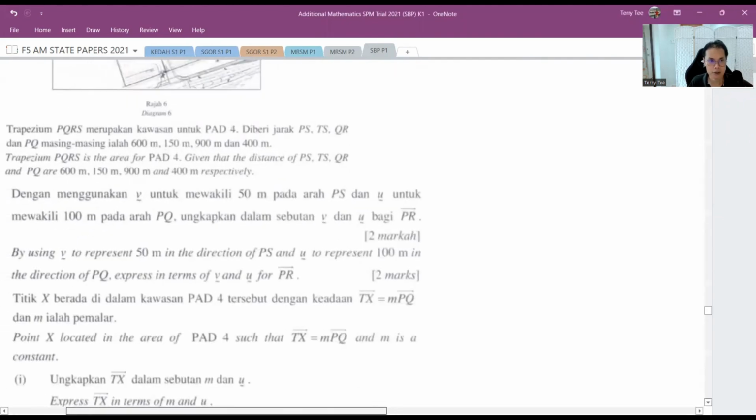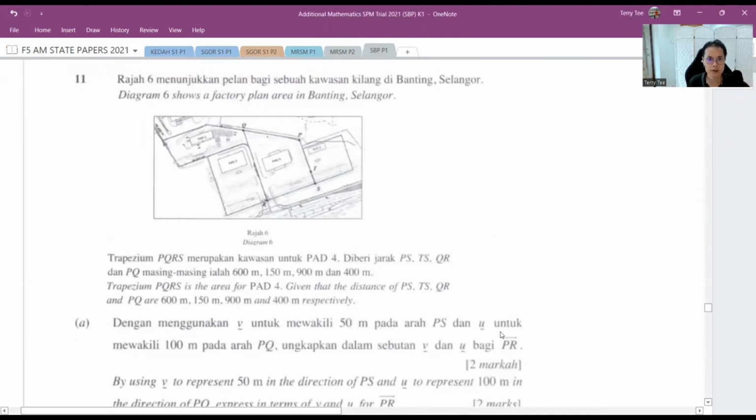It is given that trapezium PQRS is the area for the factory. The distances PS, TS, QR, PQ are as follows. Let me write using a red pen, easier to see. PQ is 600 meter, here.